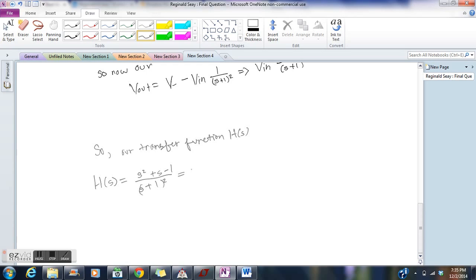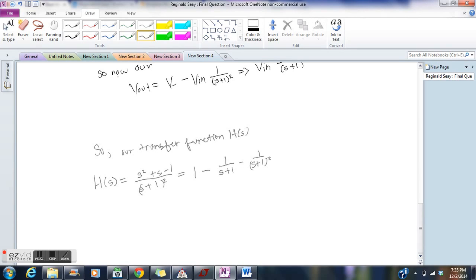Breaking that apart into individual parts, it's 1 minus 1 over s plus 1 minus 1 over s plus 1 squared. Okay, so there we go.